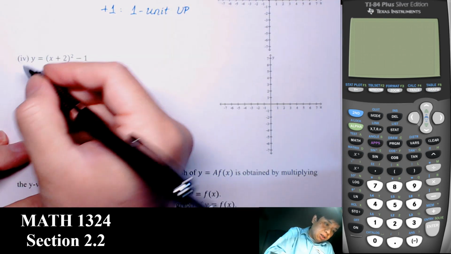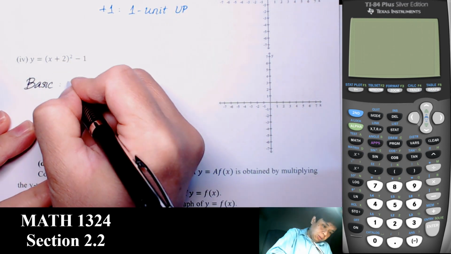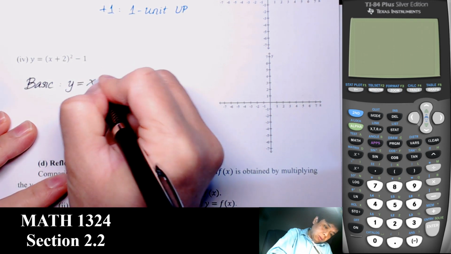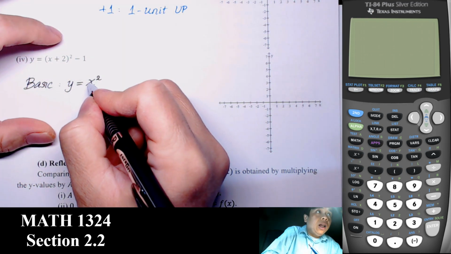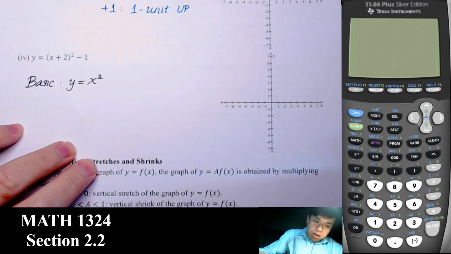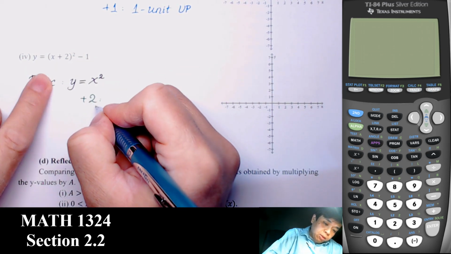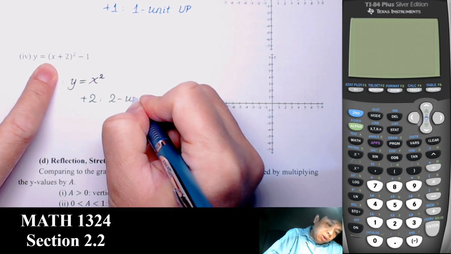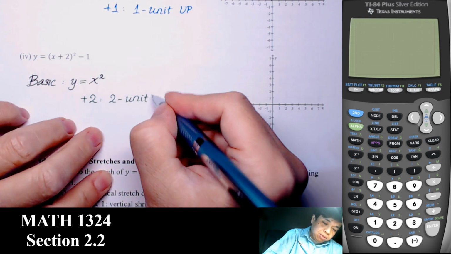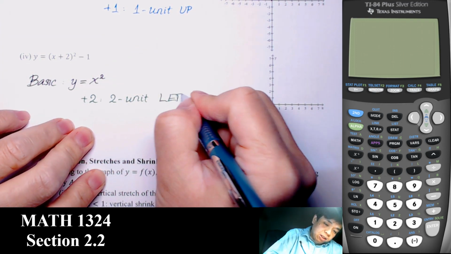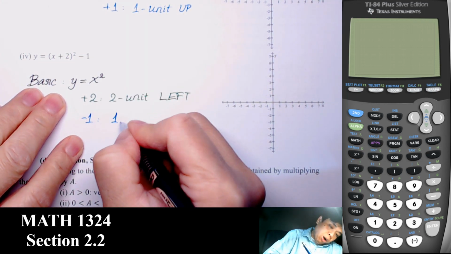The basic here is x squared. Now we have the +2 that is inside. So inside affects the graph horizontally. So it's add or subtract, so 2 units. Reverse manner, positive on the left. Move 2 units left. And -1, 1 unit down.